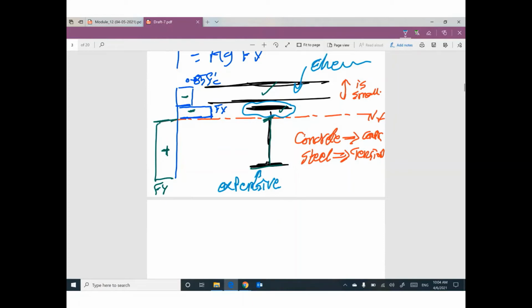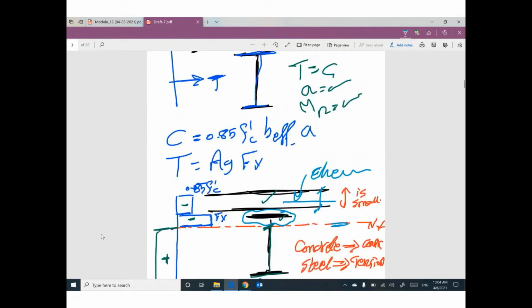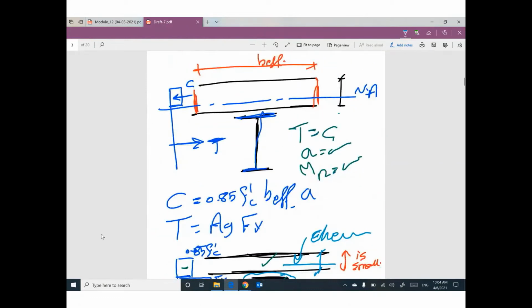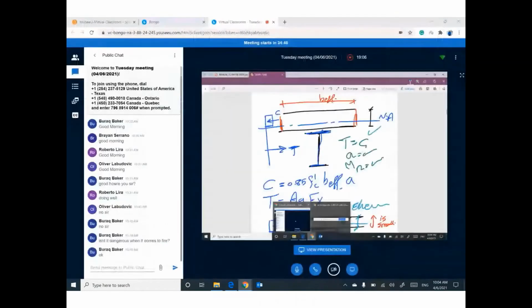So go ahead and increase the thickness of the slab to make sure this neutral axis is in between or even inside the concrete slab. That makes sense? So I didn't say it's wrong, but we don't recommend it. We would like this shape. Any question?